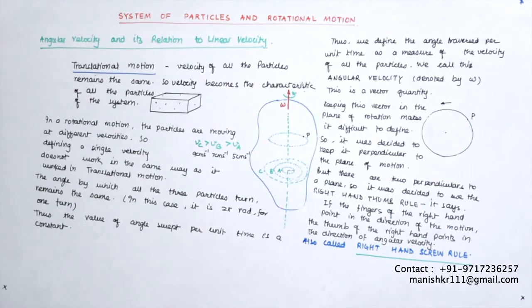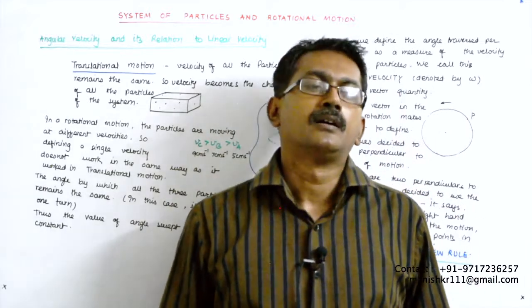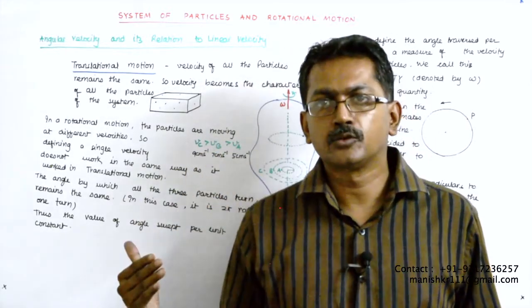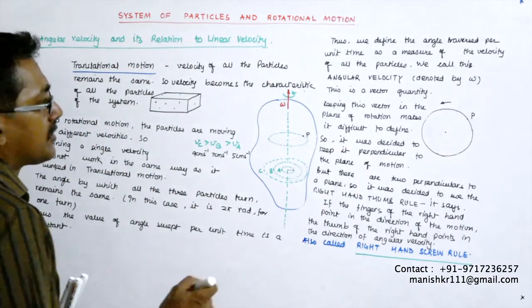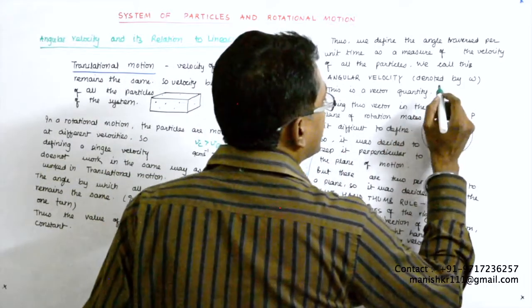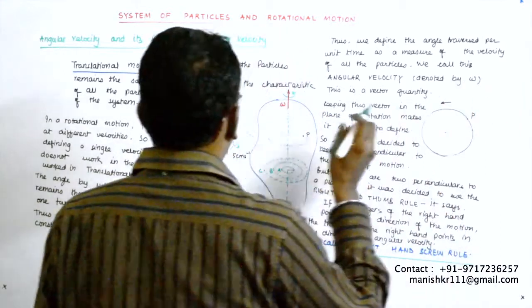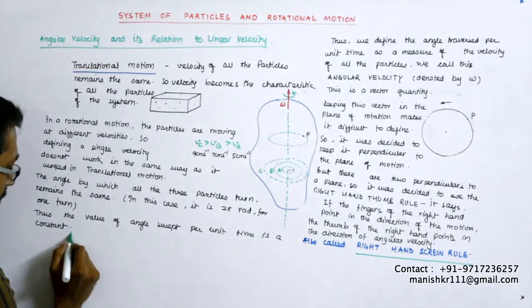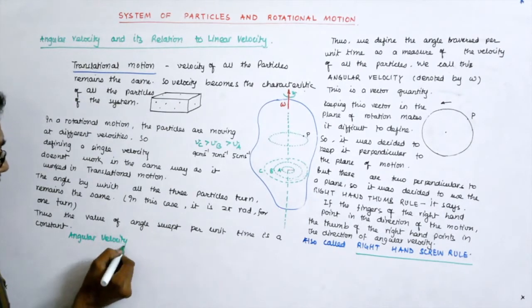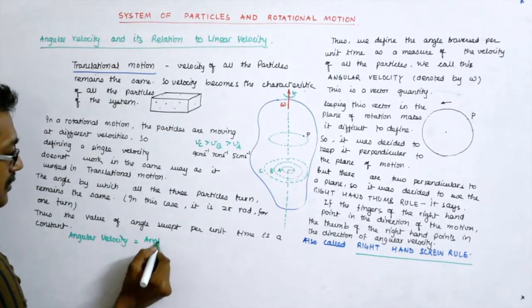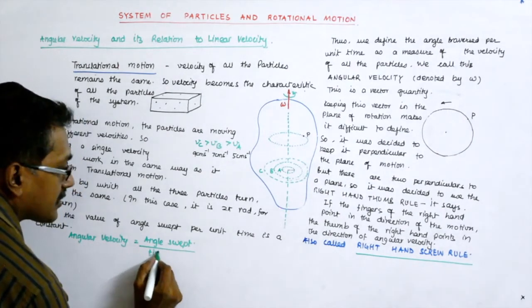Fine. So now we understand the need for defining a different quantity. We have been able to give it a direction. And what is the unit? So angular velocity is angle swept upon time taken, correct?